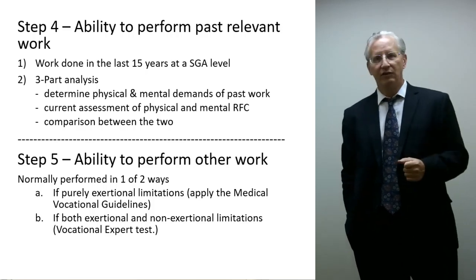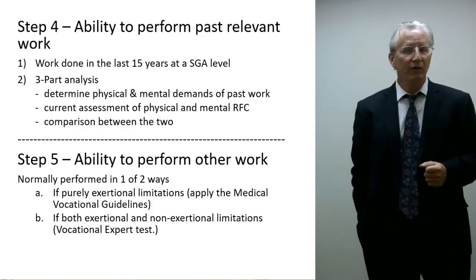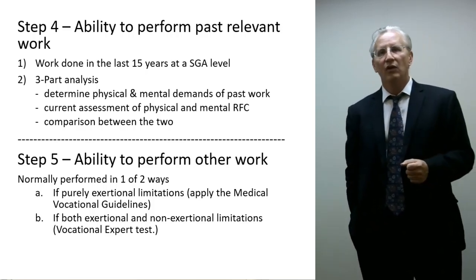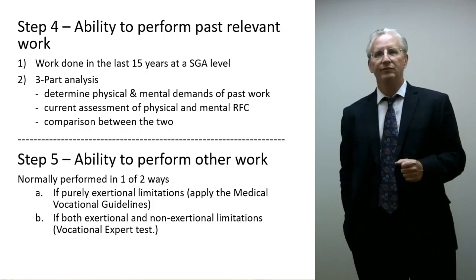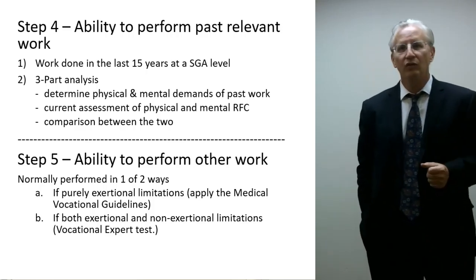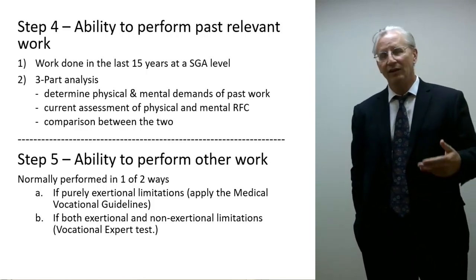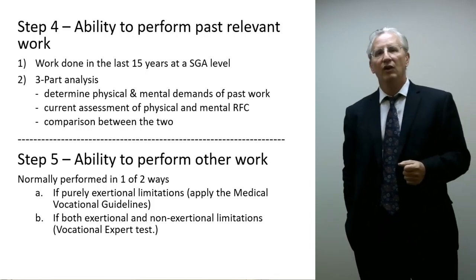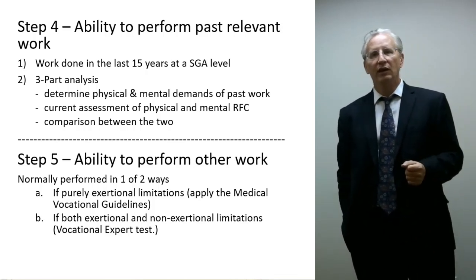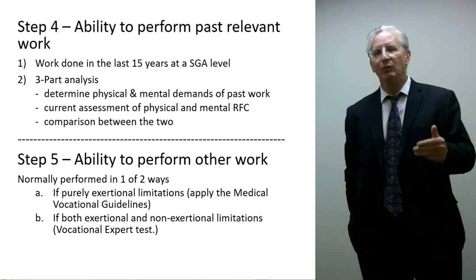So let's take an example. Let's assume we have an individual who's age 52. They're limited to a sedentary exertion, unable to return to past relevant work, which is light and unskilled. Social Security's medical vocational guidelines would dictate that that case must be allowed.